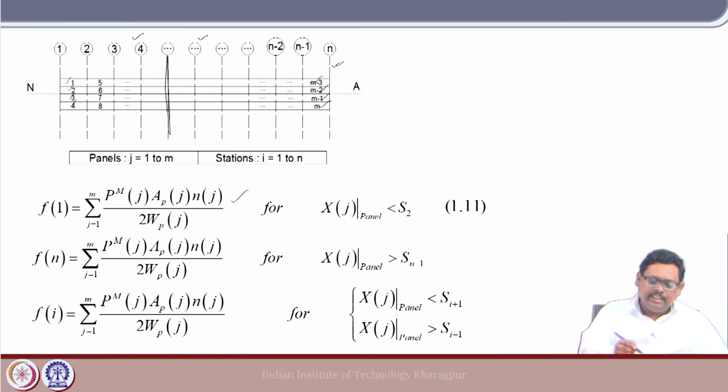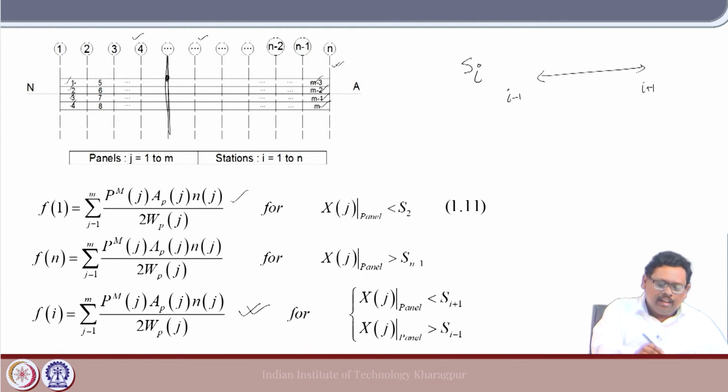In general, for section I, we take the range between I minus 1 to I plus 1 and then do the averaging for this particular section. That is what we are doing here. In the case of the first panel, I get this only for this panel, but I do not have the other side of the panel.